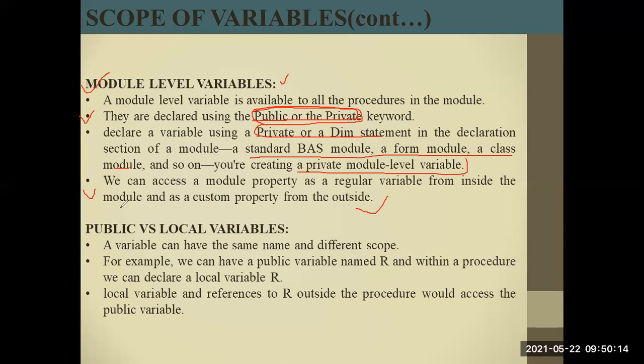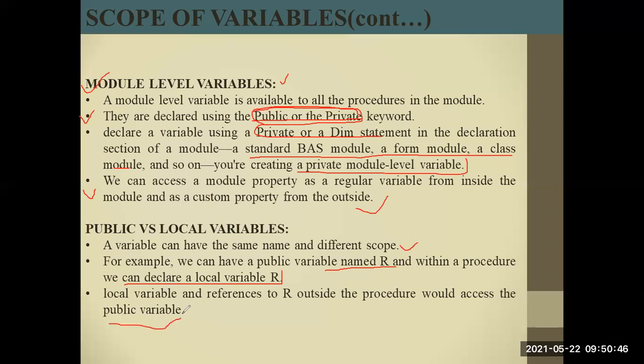Clear? Now, next thing you have to understand is public versus local variables. Variables can have the same name but different scope. For example, we can have a public variable named R, and within the procedure we can declare a local variable R. Then a reference to R outside the procedure would access the public variable.